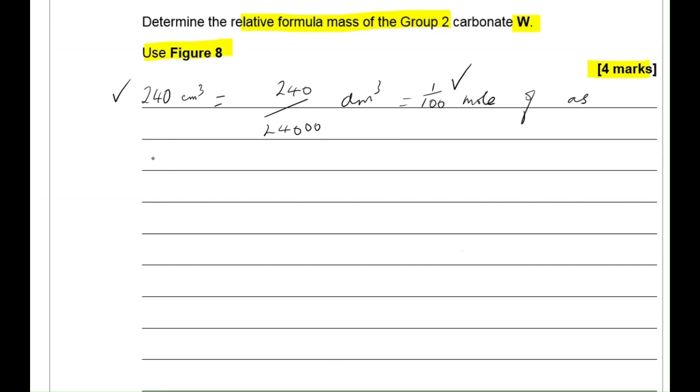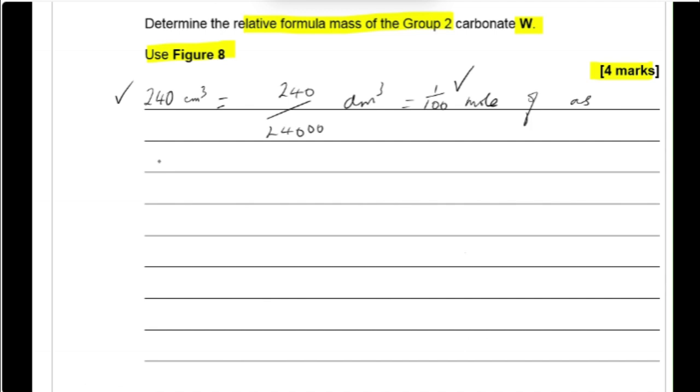As we said earlier, 240 centimetres cubed is a fraction of a decimetre cubed. So if we do 240 divided by 24,000, that is equivalent to 1/100th of a mole. Okay, because 1 mole is 24 decimetres cubed.